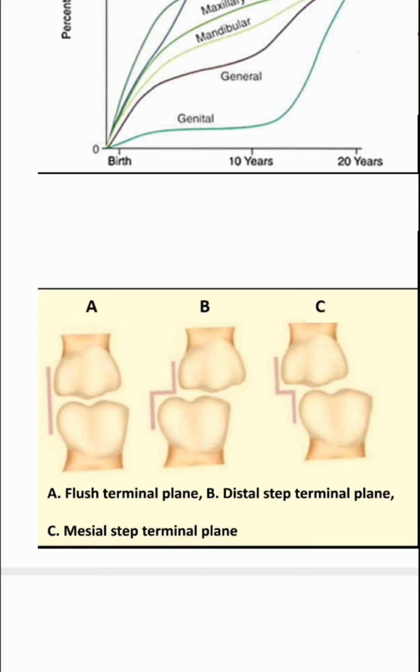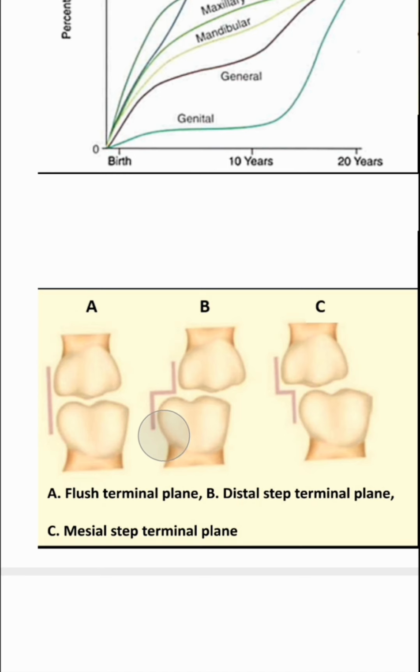Here we see the relationship between distal surfaces of upper and lower deciduous molars. That is called terminal plane. A normal feature of deciduous dentition is flush terminal plane, where the distal surfaces of the upper and lower deciduous molars are in the same vertical plane.